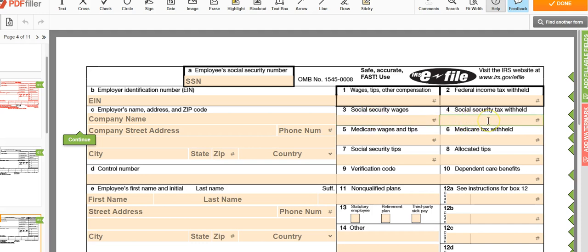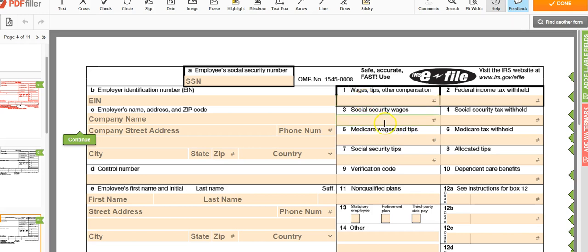And then box 4 shows the amount of Social Security tax that was withheld for the Social Security wage amount that was in box 3. Okay, box 5 is your Medicare wages, and box 6 is your Medicare tax that was withheld.